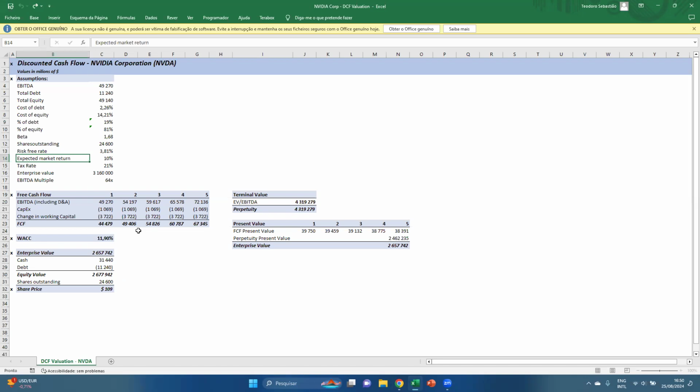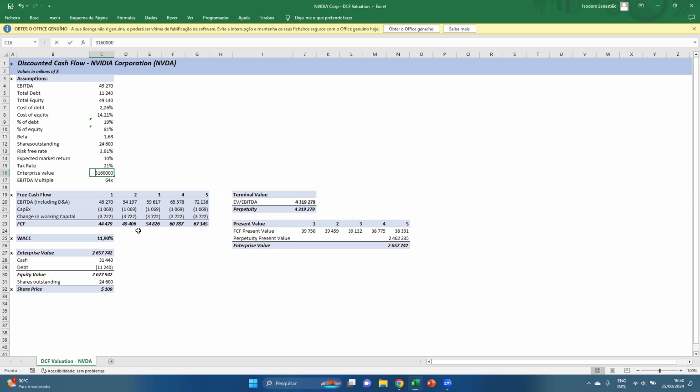The expected market return I just did based on the S&P 500. And here we have the tax rate that is 21% for the US.